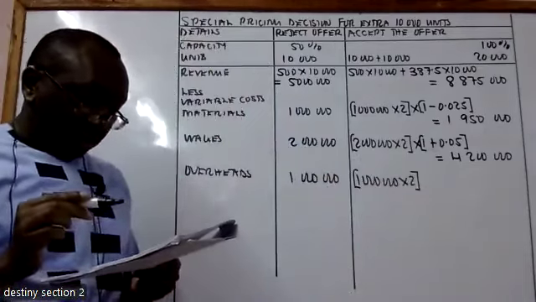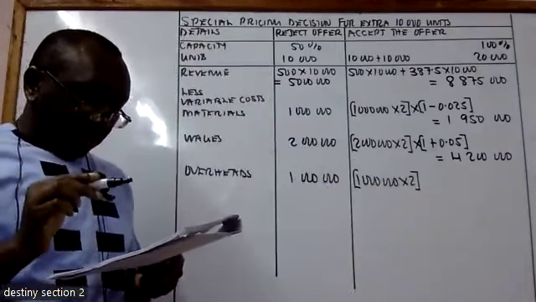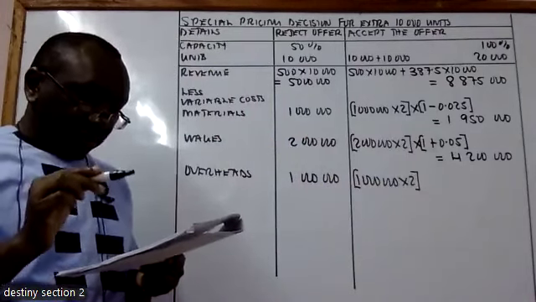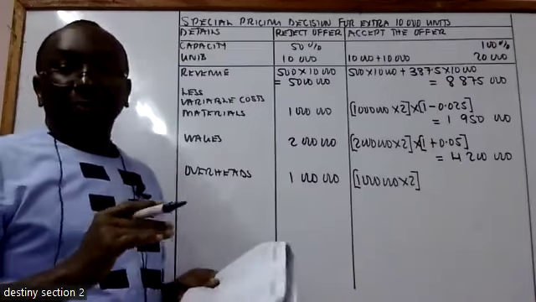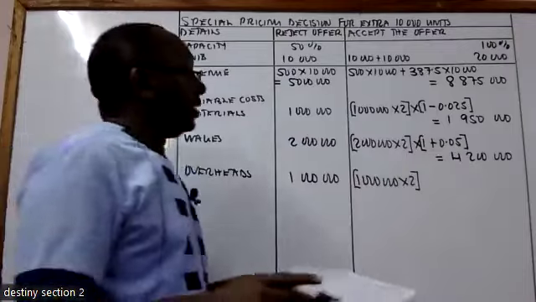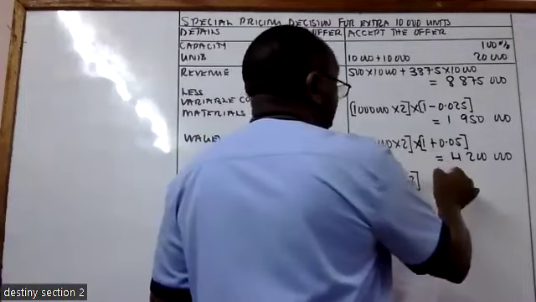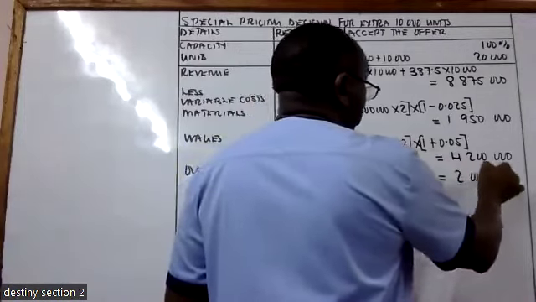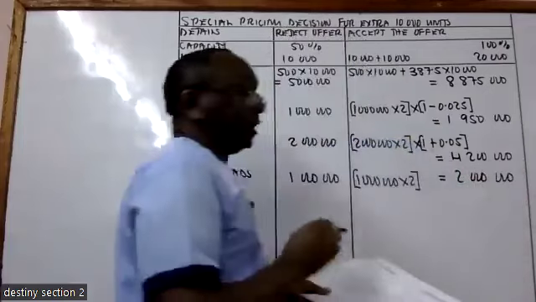And according to information 1, the variable overheads maintain a constant ratio to the number of units produced. So this one will change in direct proportion. So no further working. We just multiply here and we get 2 million. That's the meaning of that statement.